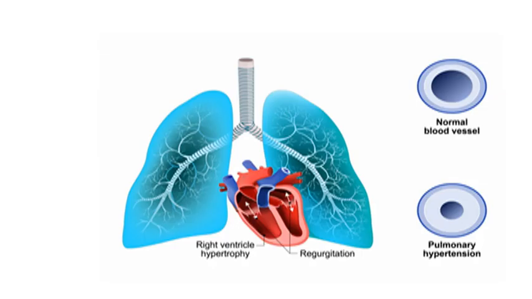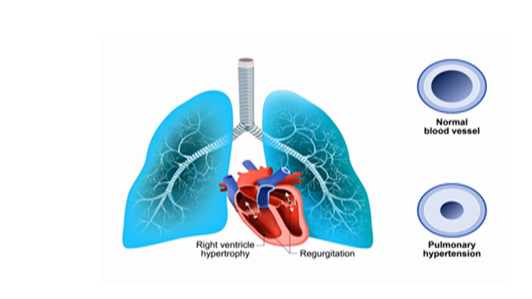This figure illustrates the pathophysiology of pulmonary hypertension. Initially we have a normal blood vessel, and eventually we have the pulmonary hypertension vessel with hypertrophied intima and media, both of which encroach on the lumen, further increasing the pulmonary hypertension.